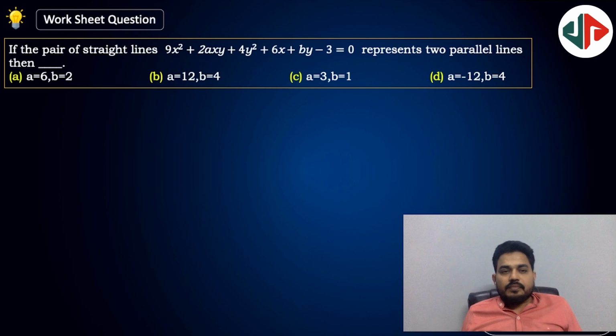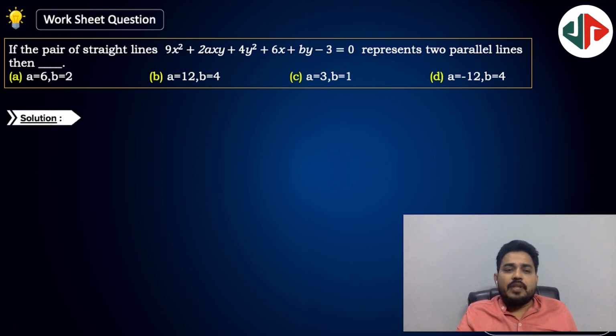So if the pair of lines represent two parallel lines, then what is the condition? So simply the relation is h square is equal to ab. The first and foremost point is h square is equal to ab. So here 2a, that means a square is equal to 9 into 4.